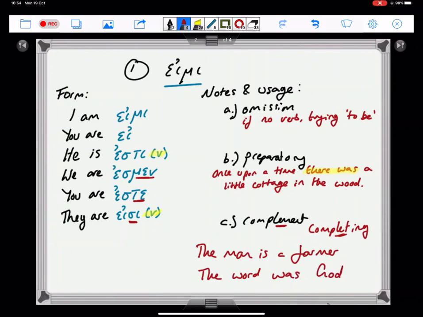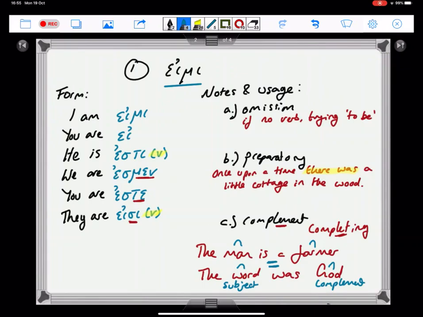If you think about parts of speech, these are all nouns. This is the subject, and this is the complement, or it might be called predicate as well. It's filling the sentence and equating the two halves of it. The man equals farmer. The word equals God. Now that's not the same thing as saying the farmer is a man, necessarily.